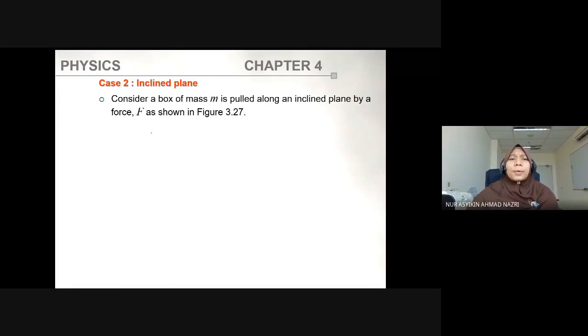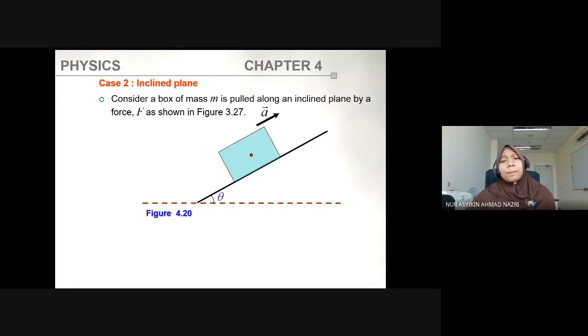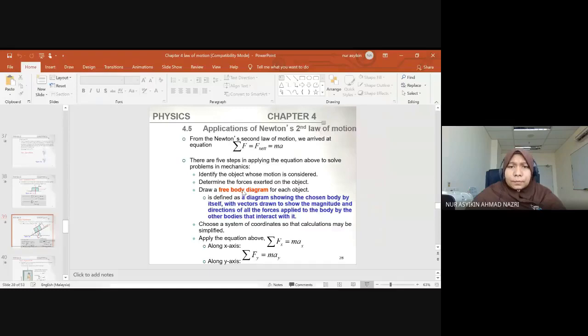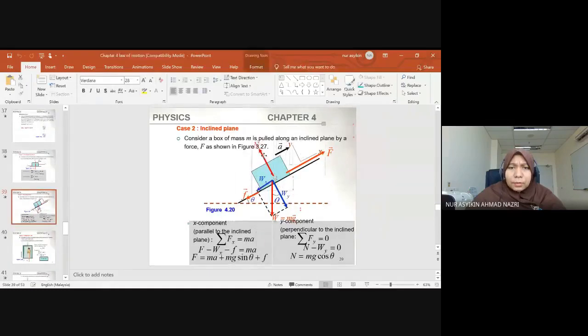Alright. Sebab apa? Bila incline plane, satu sistem coordinates dah kena shift macam ni. Alright, then force. Ni dah bergerak sebenarnya ni. Tak cantik dah. Sekejap saya gerakkan balik ni. Dia kena ke atas sikit.